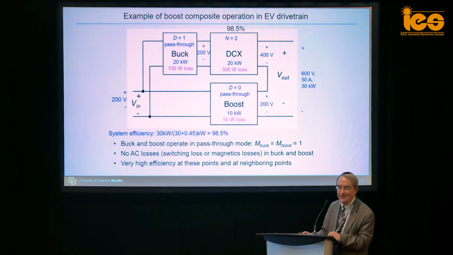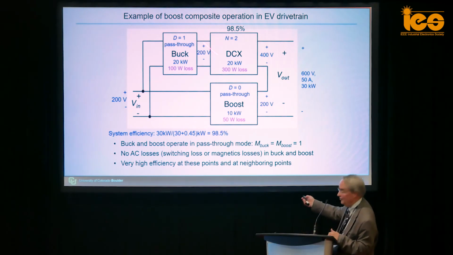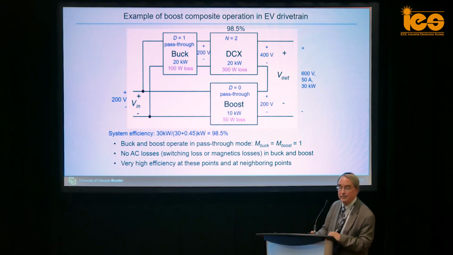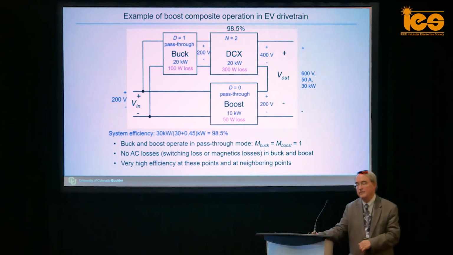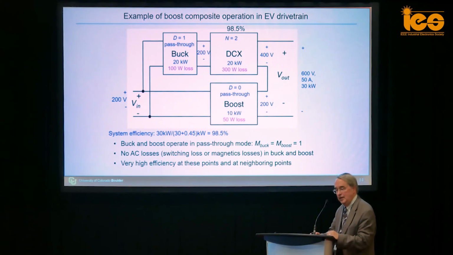The DCX is a planar transformer, is it? Yes. All of the magnetics are planar in our prototype. And if I understood your presentation, the key is the modularity of these converters. You can optimize the buck module, the boost module, and the DCX module, depending on the application.